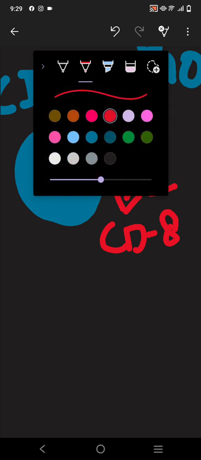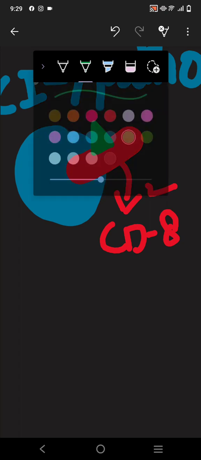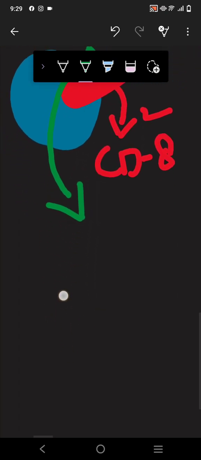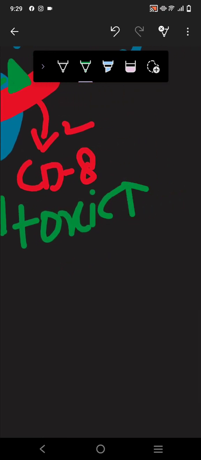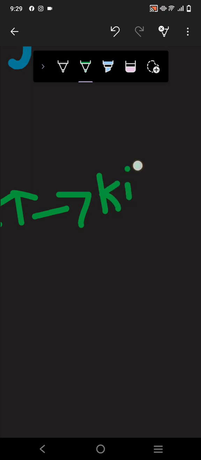So now here is the pathogen. So what will the cytotoxic cell do? The cytotoxic cell will blast this cell. It will release the toxic substance, as the name cytotoxic suggests, and then kill the cell.